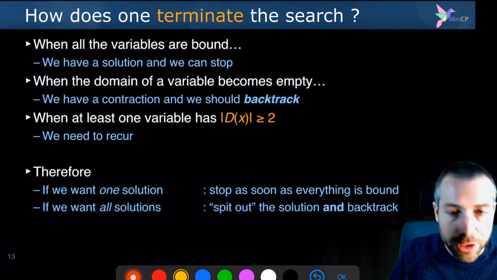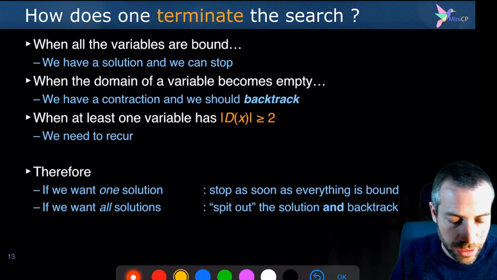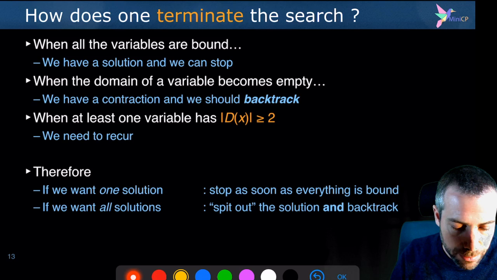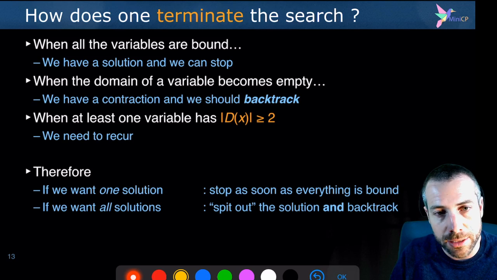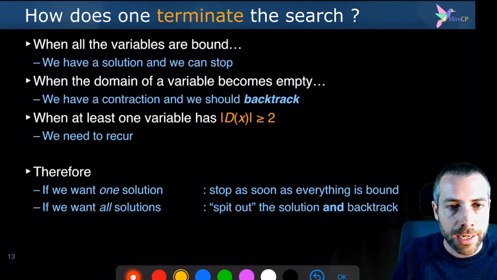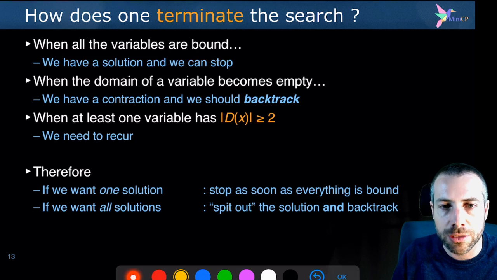How do we terminate the search tree now? Once we have, for instance, one feasible solution, we could terminate the search, or we could also decide to backtrack when one of the domains becomes empty. So if one of the variables has an empty domain, we should backtrack. And finally, the recursive case is when you haven't detected an infeasible situation, and you have some of the domains with a size larger than 1, which means that the variable is not yet bound.